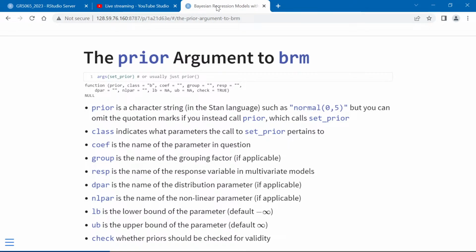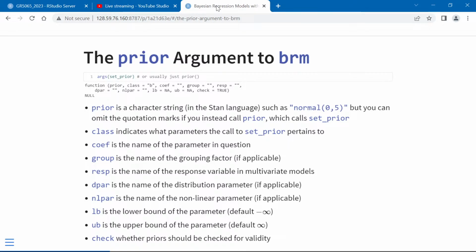And so the brm function has a prior argument, that's argument number 4, that ordinarily would be the result of a call to set_prior, or it's usually easier to just call the prior function, which has the same arguments. If you call set_prior, the first argument is going to be a character string in the Stan language.